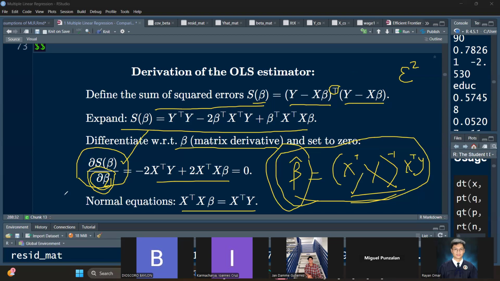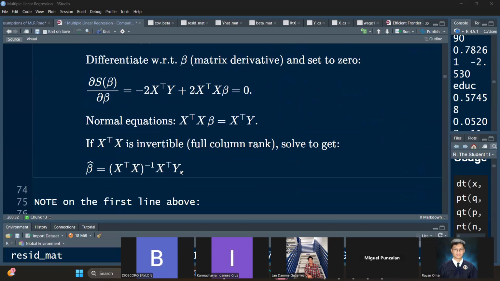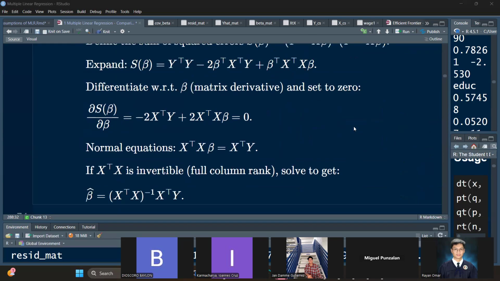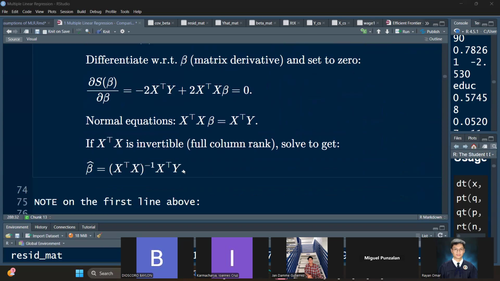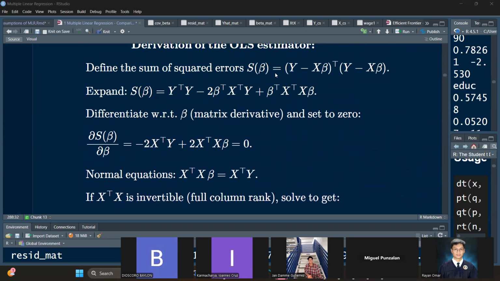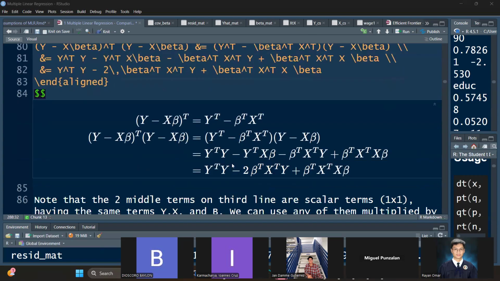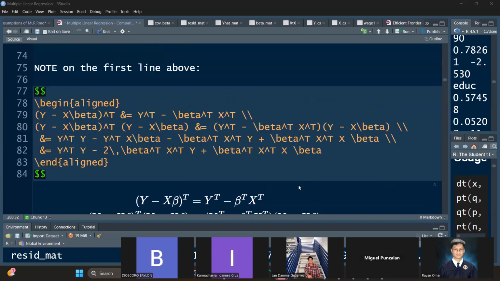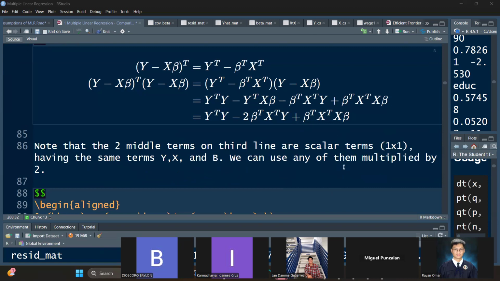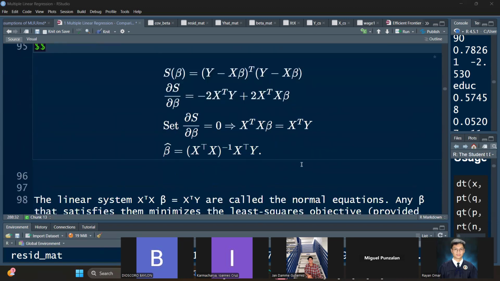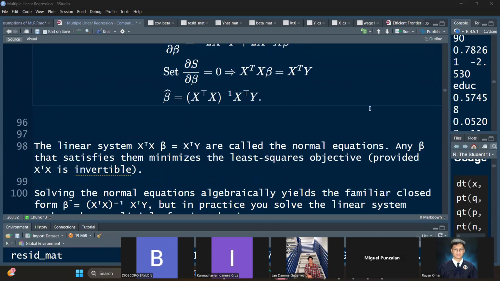That's where the equation of X transpose X inverse X transpose y comes from. So we are certain that this will produce the least residuals squared. I just explained here how the simplification was done, and then finally this one. I'm just showing you how the computation was done.